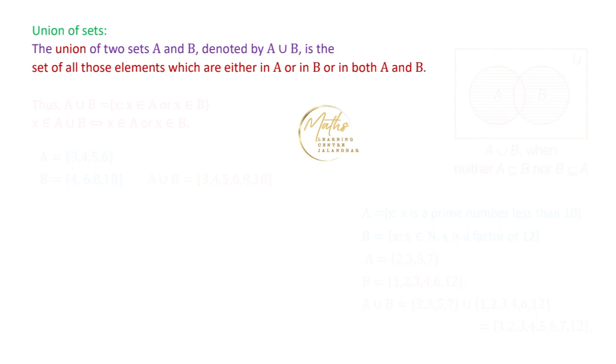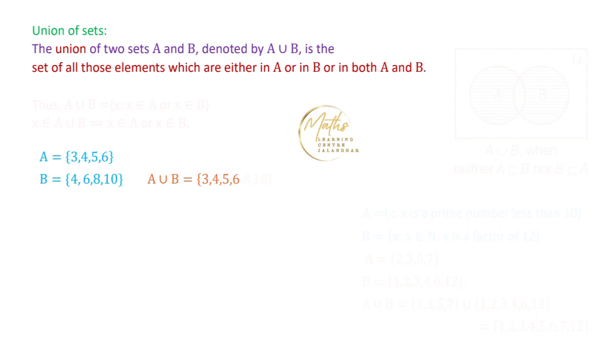We try to understand this definition with an example. Suppose we have the set A with elements 3, 4, 5, 6, and another set B with elements 4, 6, 8, 10. The set A union B has the elements of A: 3, 4, 5, 6.